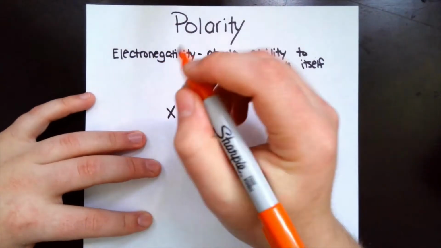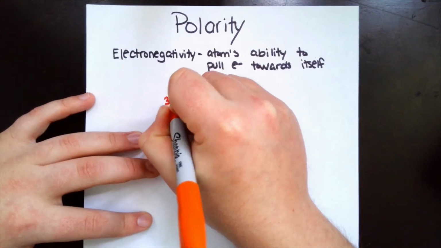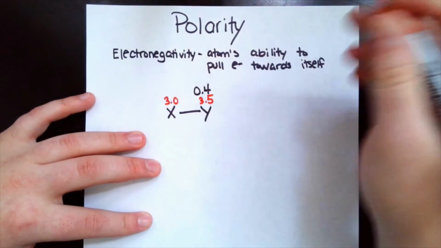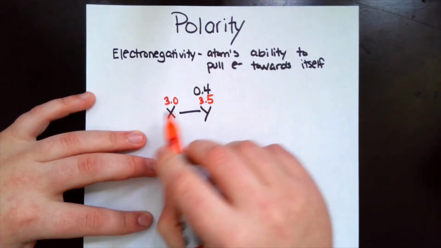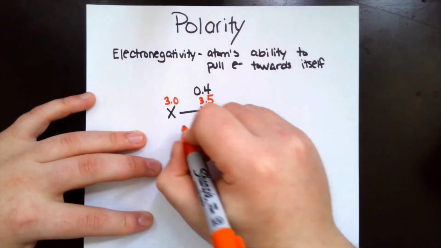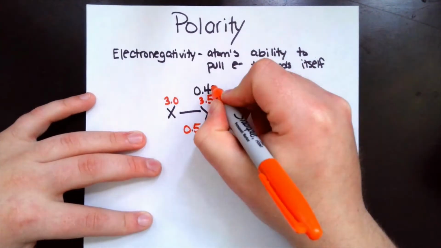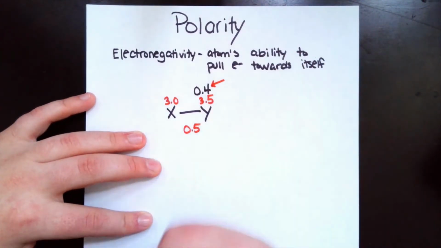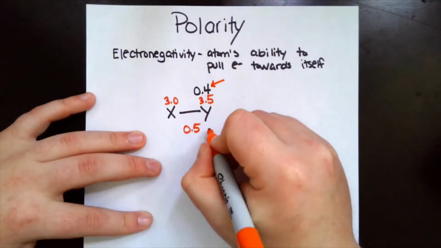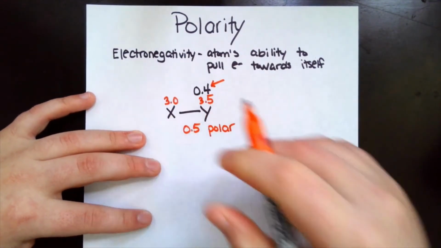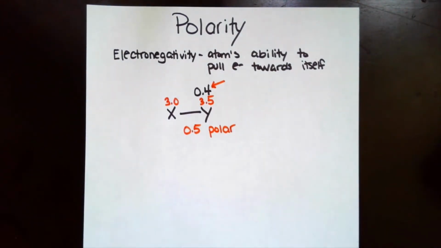So let's say we have an atom with an electronegativity of 3.0 and an electronegativity of 3.5 for the other one. The difference between the two is 0.5. So if it's greater than 0.4, that's a polar bond. So this would be a polar bond. If the difference between the two is less than 0.4, it's a non-polar bond.